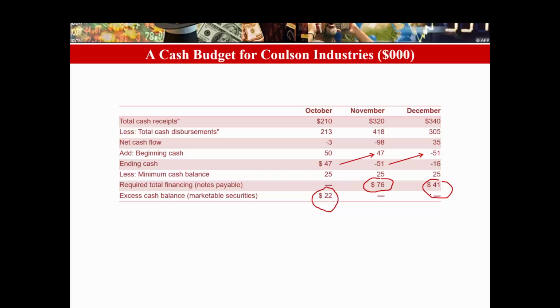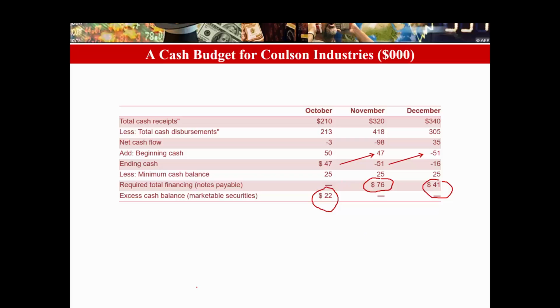So when we look at this next 3-month period, we will be prepared for these outcomes. We will need to make arrangements to place the $22,000 of surplus that we have, and then make arrangements to procure the $76,000 and $41,000 that we would need for November and December.